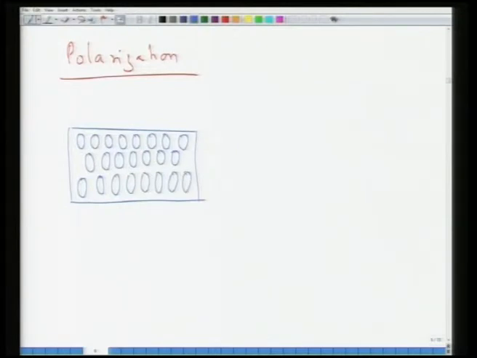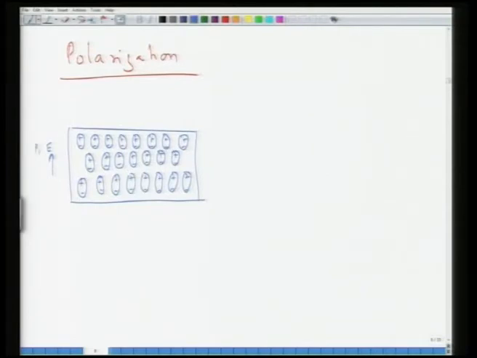Let us say the situation is like this, and each of these is a charged dipole, naturally under the influence of an electric field. So, what is the direction of polarization in this material? This is of course the direction of the electric field. So, E and P will be in the same direction.